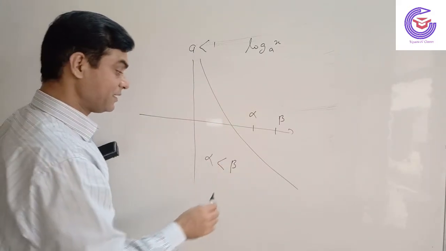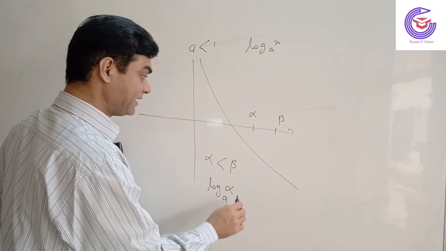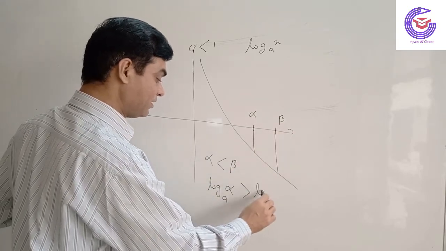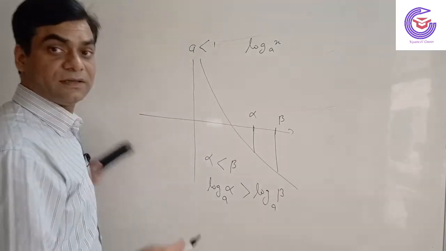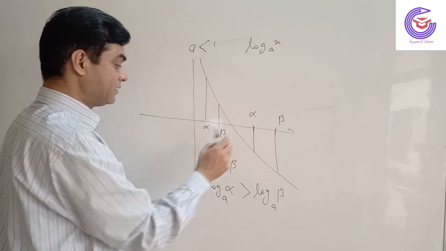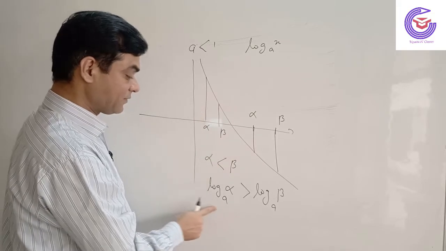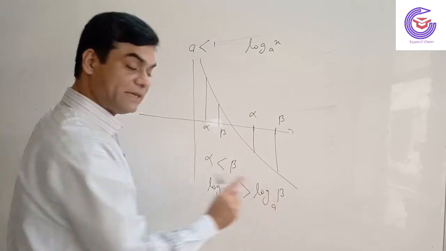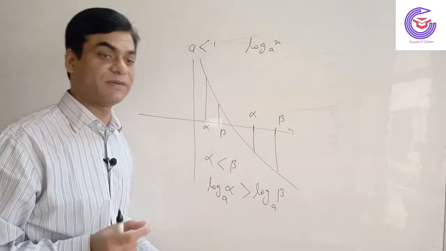What you notice here is that log alpha base a is greater than log beta base a. You can choose this point here as well. Suppose alpha here, beta here. Alpha is less than beta, but the value of log alpha is greater than log beta base a. So here just the sign is reversed. So this is one important thing you must know.